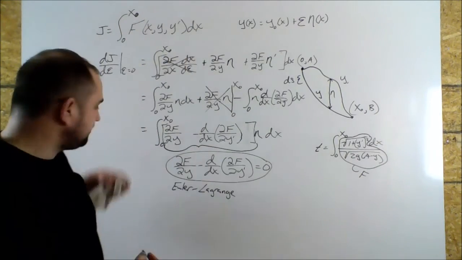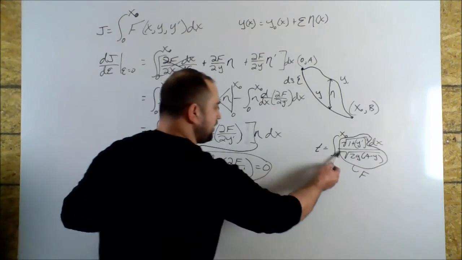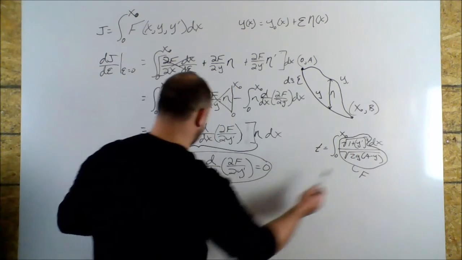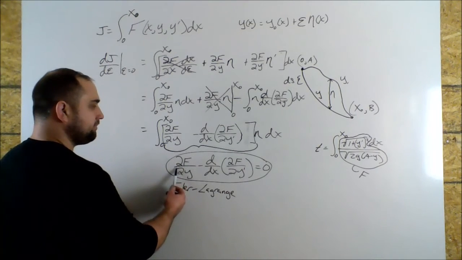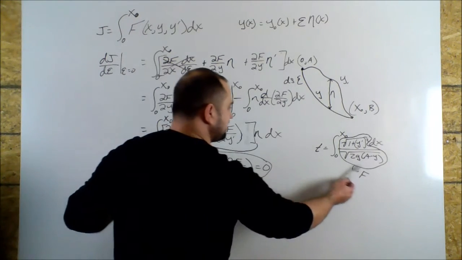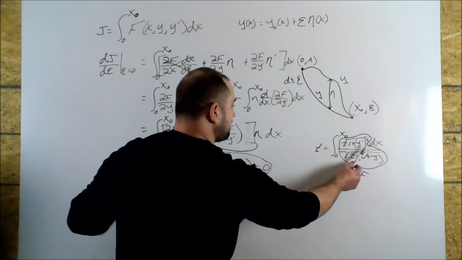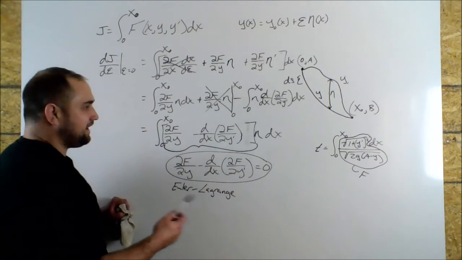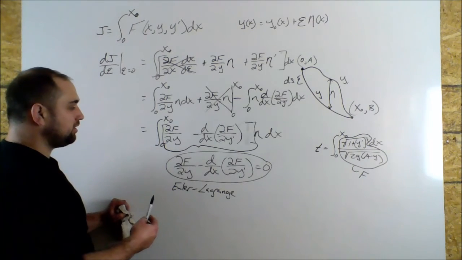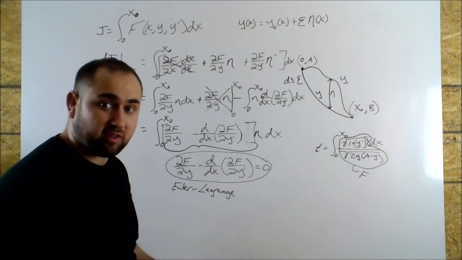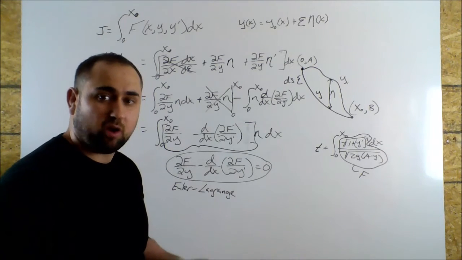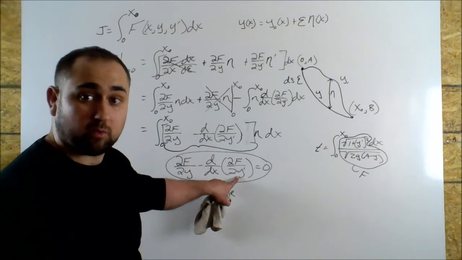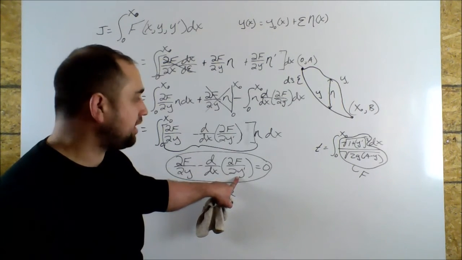So we would differentiate this with respect to y, and that would go here. And we would also differentiate this with respect to y prime, and that would go in here. We would then get a differential equation, and by solving that differential equation, we would get the solution for y that minimizes time of travel.